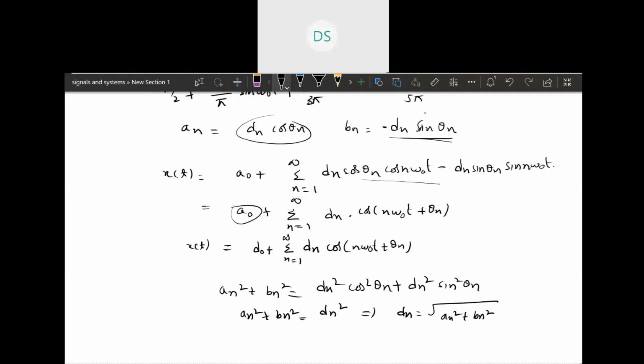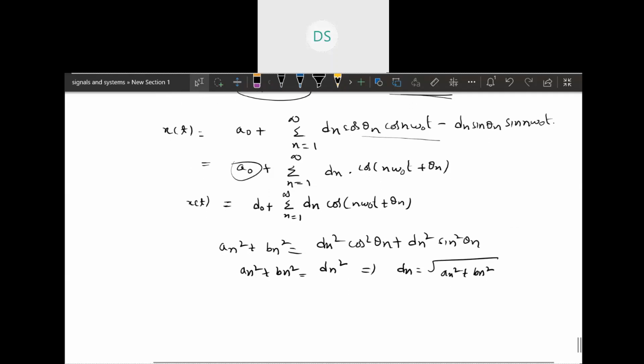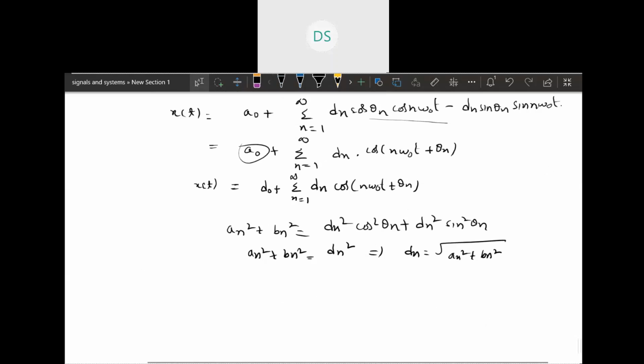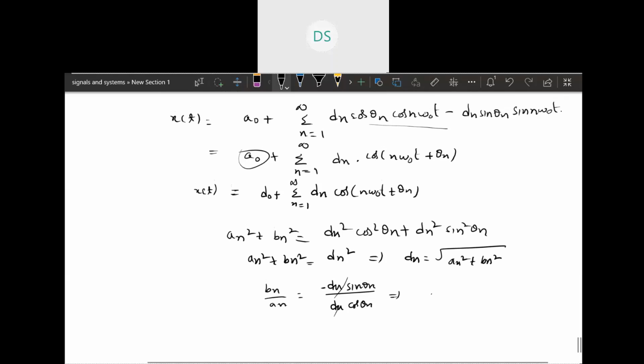How will you find out theta n? You just make bn by an. Just divide one by the other. Bn by an, then sin theta n by cos theta n, you will get bn by an is equal to minus dn sin theta n by dn cos theta n. So from this one dn cancels.